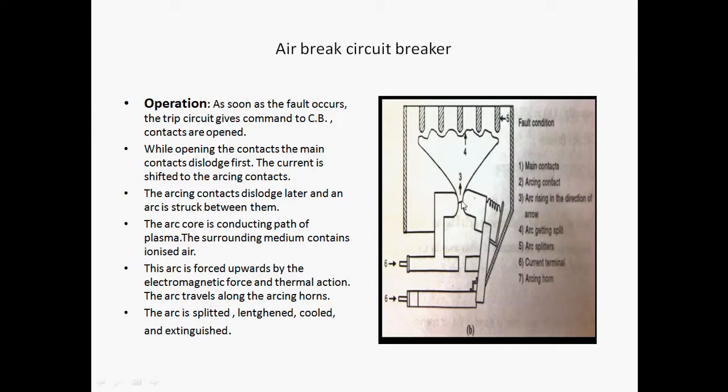This arc travels along the arcing horns, meaning this path gets elongated. Then this arc is split in these arc splitters, and thus finally the arc is split, lengthened, cooled and extinguished.